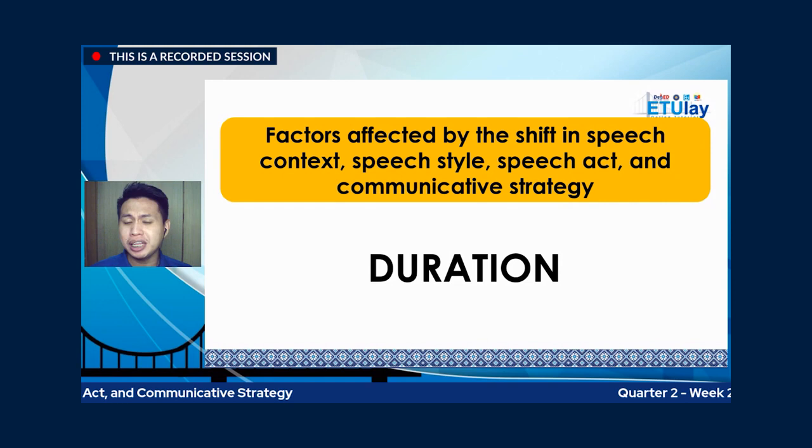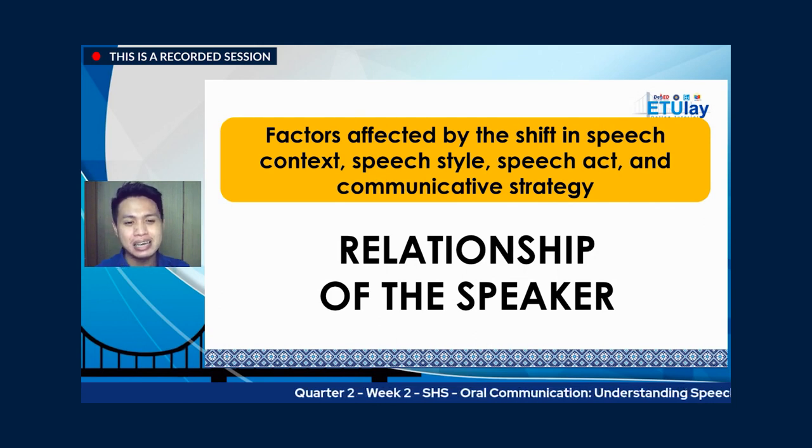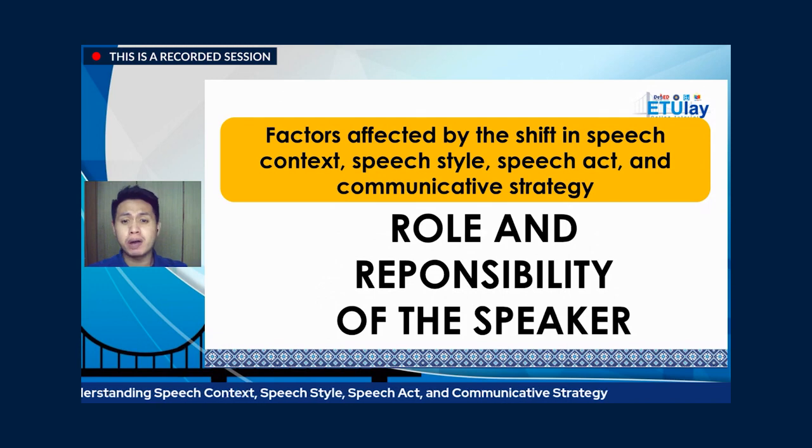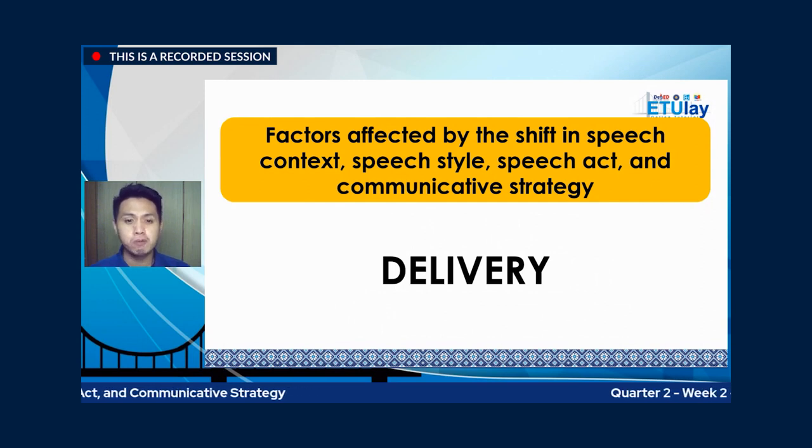It was also made clear that the relationship of the speaker to the receiver of the message could be intimate, frozen, consultative, casual, or formal. Lastly, the role and responsibility of the speaker, the message, and its delivery, which could vary depending on the context and purpose of communication.